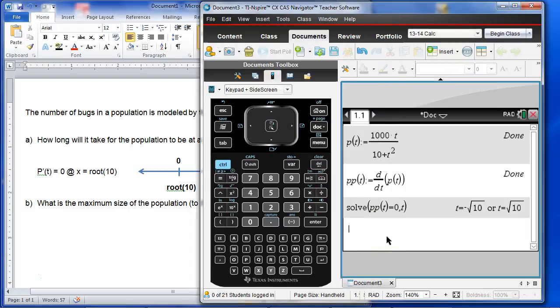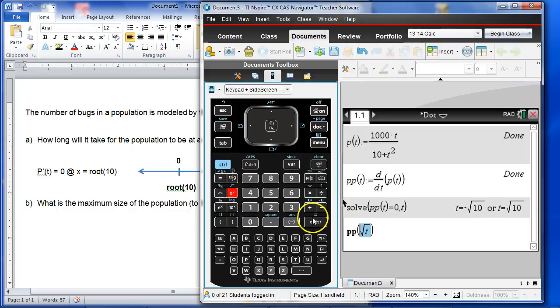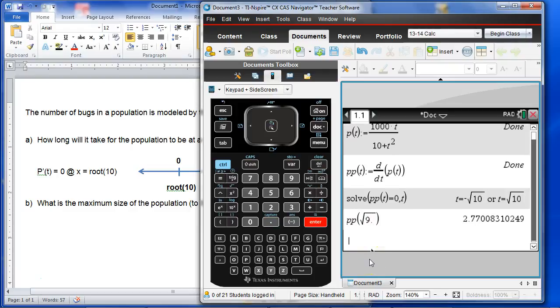I'm going to test the first derivative at a couple points. Let's test it at square root of 9. It'll be less than the square root of 10. And that's a positive number, 2.77.